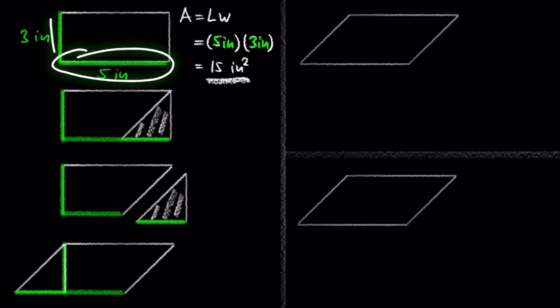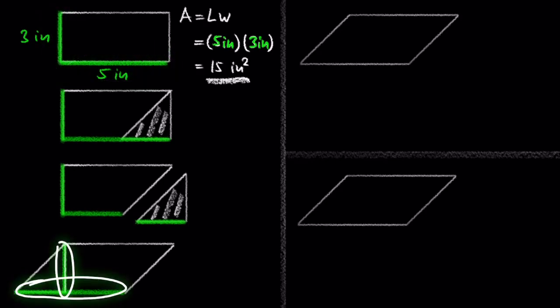This side and this side from the rectangle is now this side and this from the parallelogram. We call this side from the parallelogram the base, and this we call the height. So the area of a parallelogram is just the base times the height.